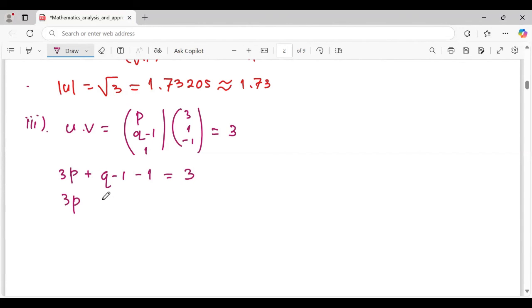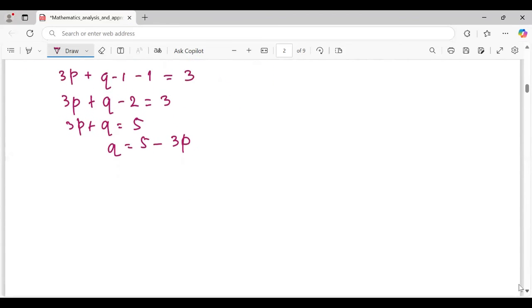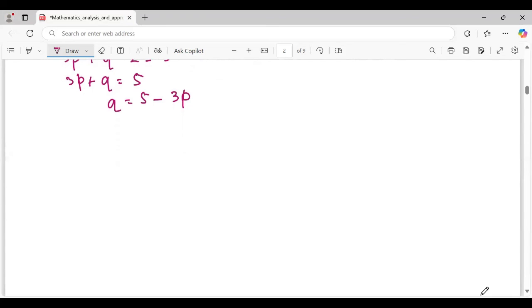So 3p plus q minus 2 equals 3, or 3p plus q equals 5, or q equals 5 minus 3p. So yeah, this is the equation. Later we are going to use this equation.